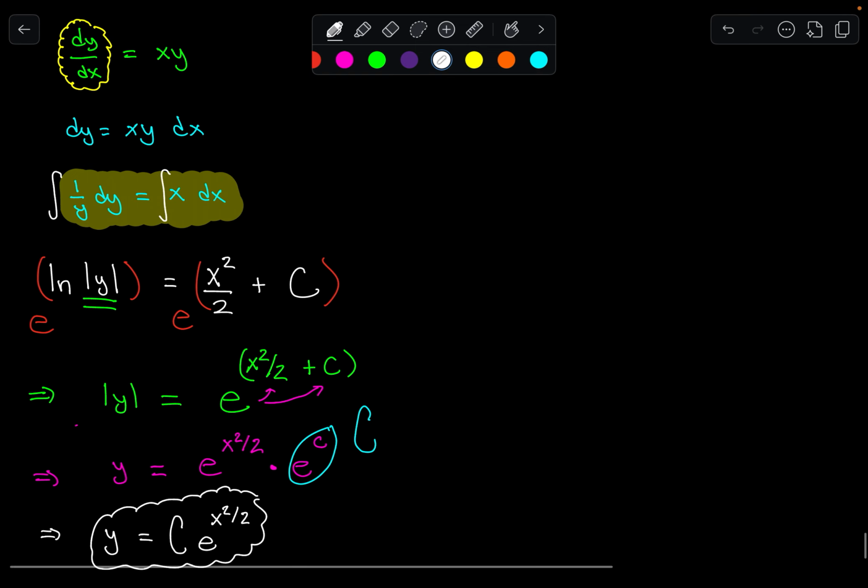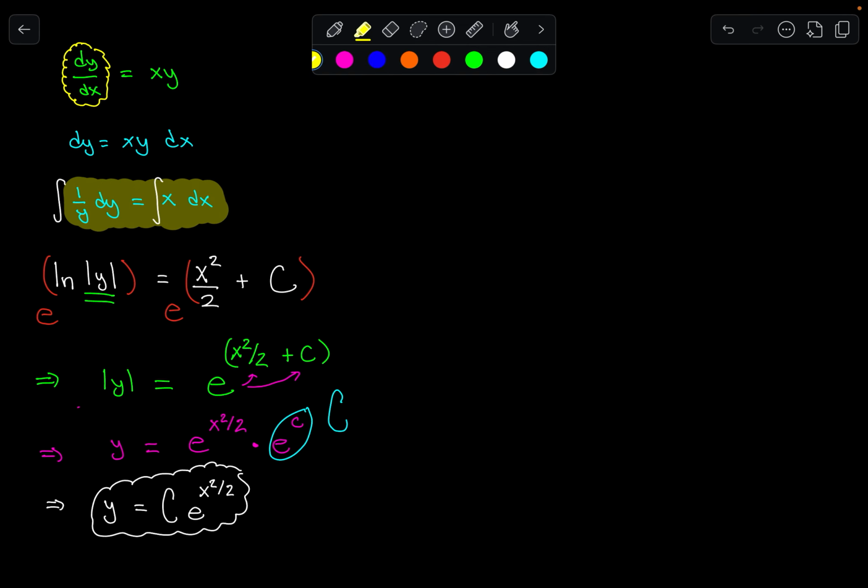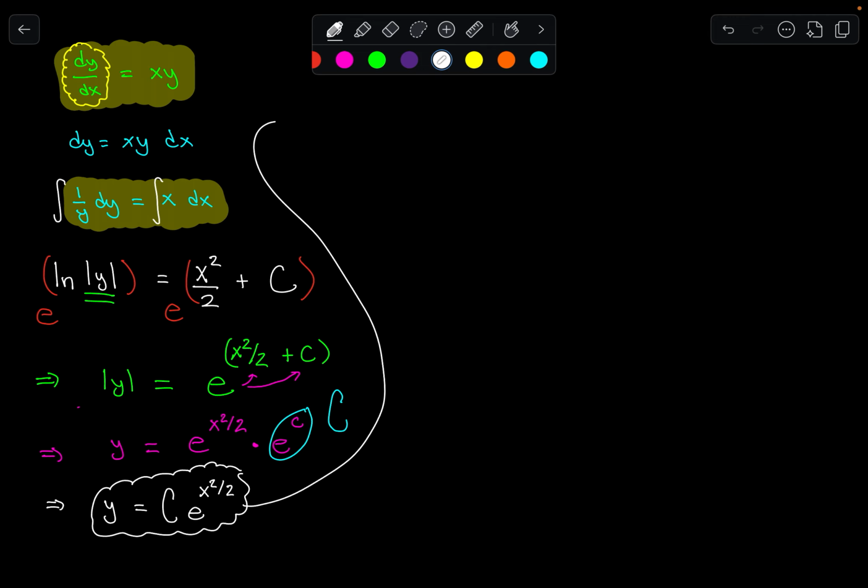Now, if I zoom out just a smidgen, we want to remember that our original differential equation was this. And just for the sake of the fact that it's our first time learning it, let's check that this is indeed our solution. In order to check it, we're going to need to investigate dy dx. Last time I checked, if we take the derivative of an exponential, it's just going to be c e to the x squared over 2, but then we're going to multiply by the derivative of x squared over 2, which I believe is 2x over 2, or just in this case going to be x.